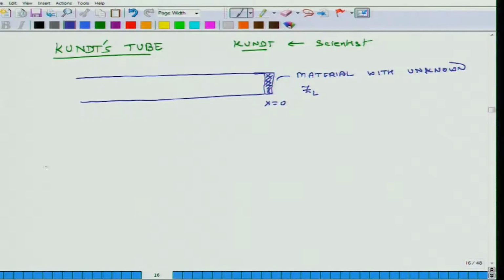There are two more things in this tube. At one end you have this material, and then you have a microphone in the tube. What does a microphone do? It measures the pressure fluctuations due to sound.